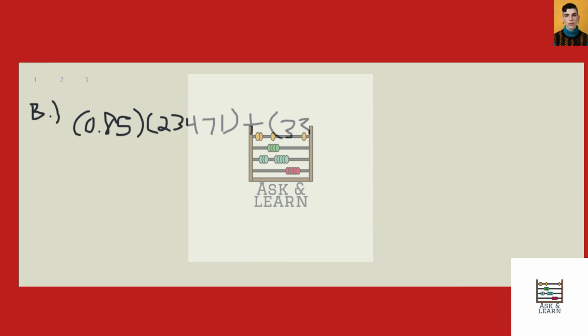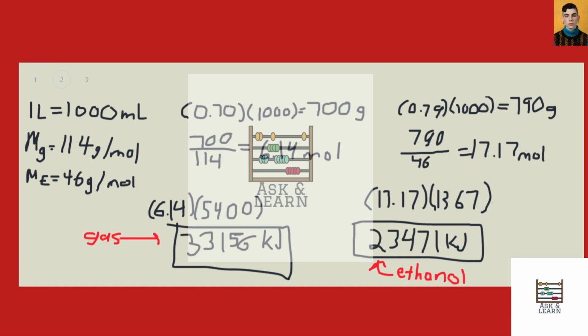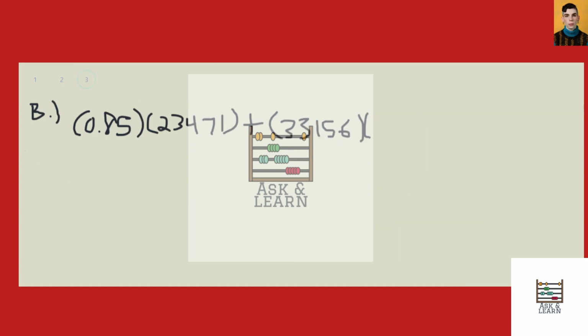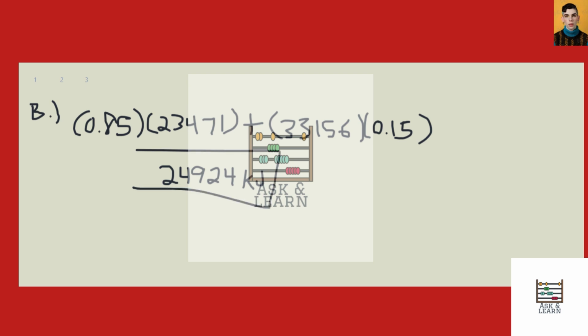They're each going to burn and produce their own specific amount of energy, but we have to find the energy release for the mixture itself. So the amount of energy released from E85 is going to be 24,924 kilojoules.